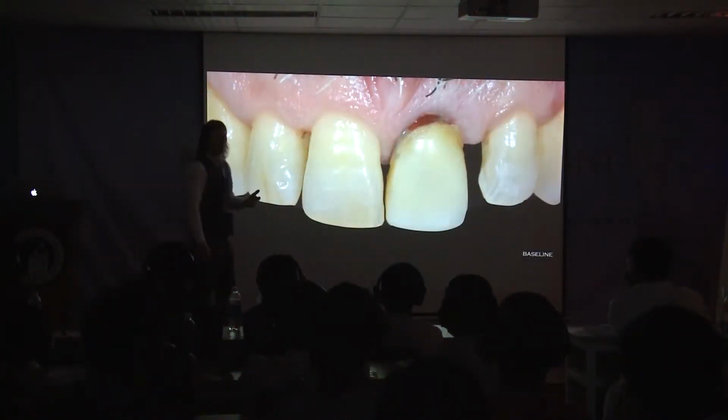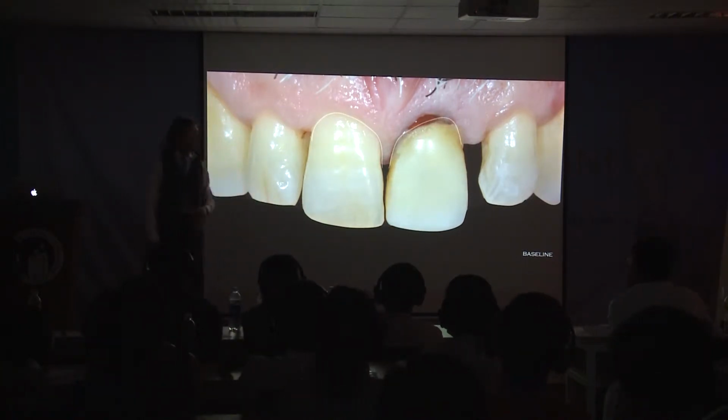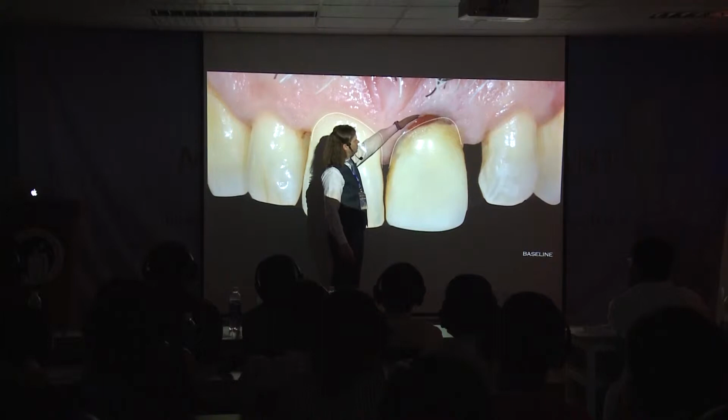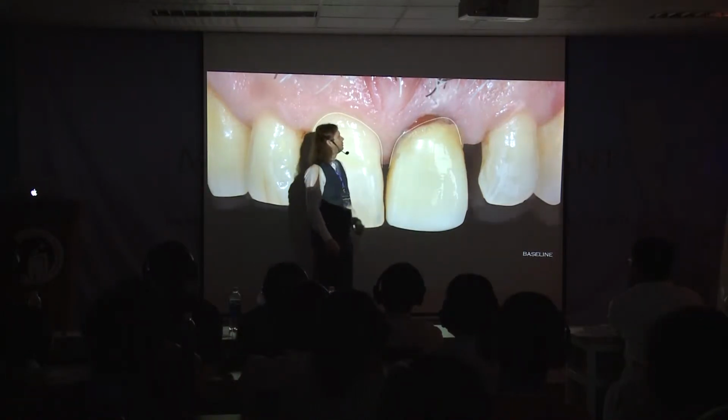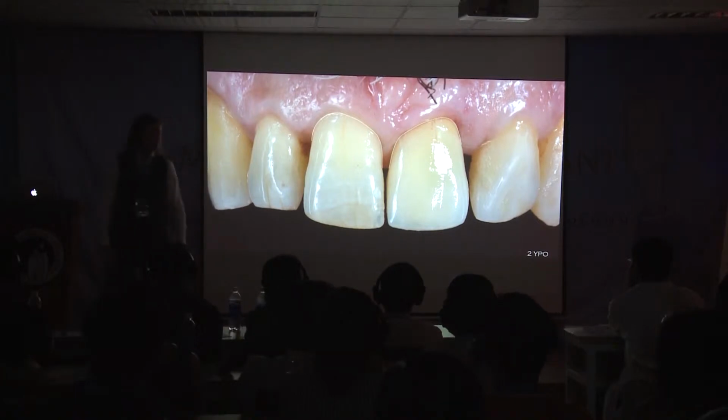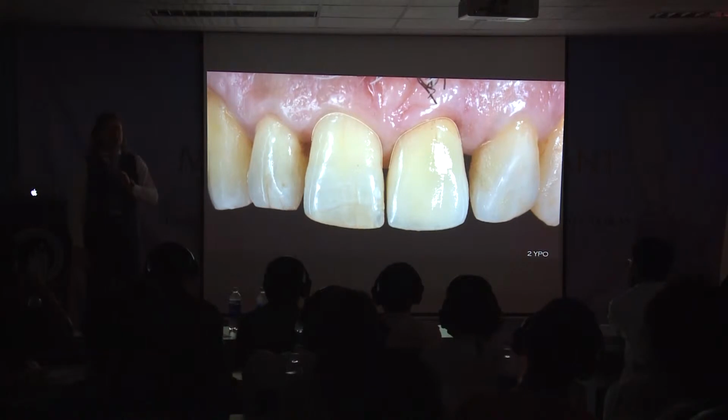Because if you don't change the emergence profile, the tissue will not change its position. The beginning was here, the target was this, and this is the follow-up. Little change that can make the difference.